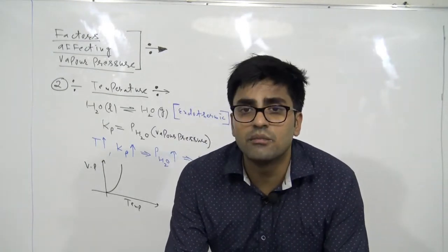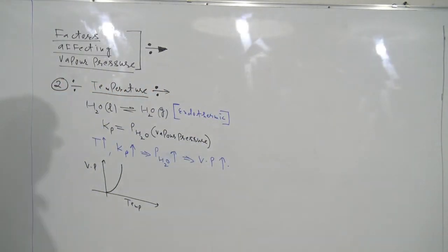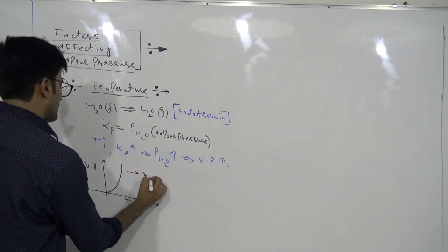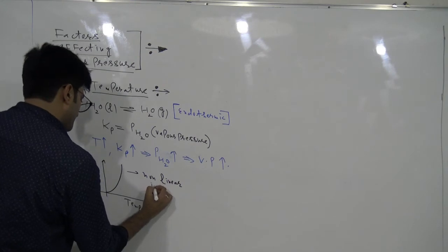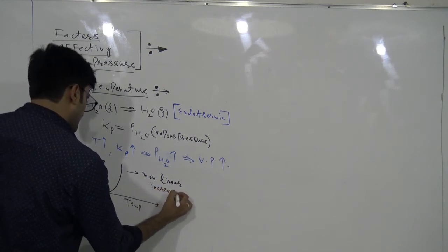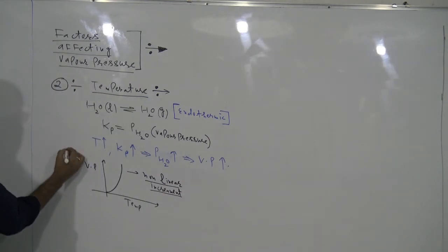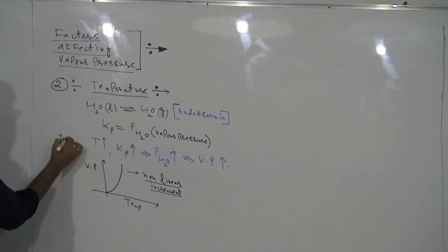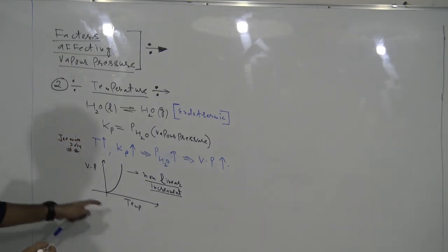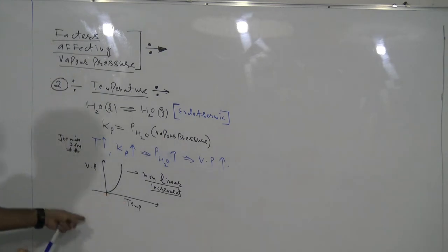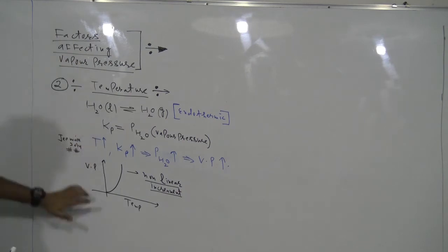So the graph is a non-linear increment. Let me write here: non-linear increment. So this is the graph, very very important, already asked in JEE May 2014. Vapor pressure versus temperature. If you increase temperature, vapor pressure also increases, and you can explain it by this.